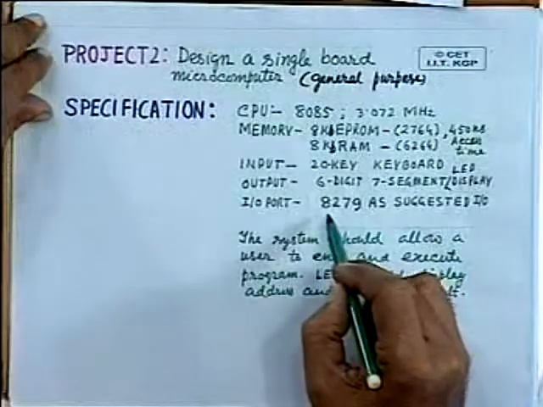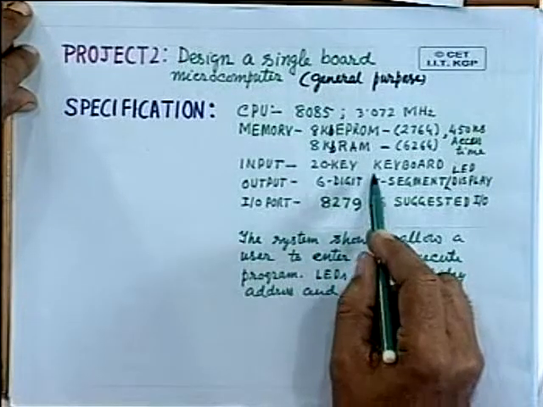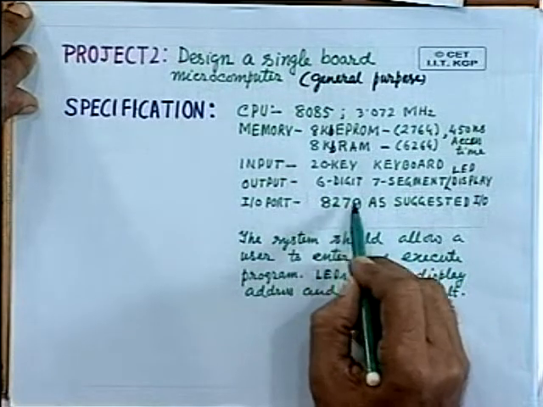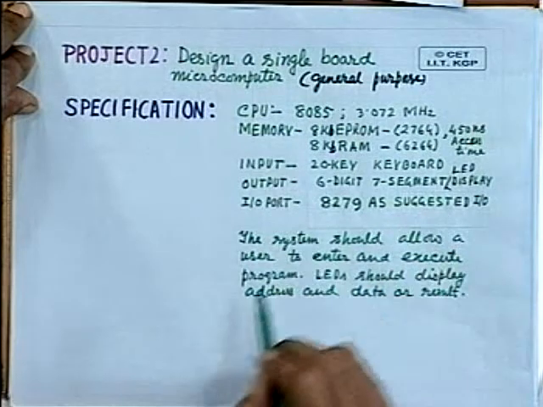If 8255 is used for interfacing the keyboard and display, then the burden on the microprocessor is more, because you have to execute more instructions to get the display and to read the keyboard data. But whenever the 8279 is used, that burden on the microprocessor or on the programmer is less. That is why 8279 is suggested.